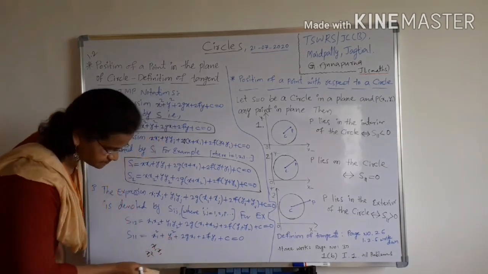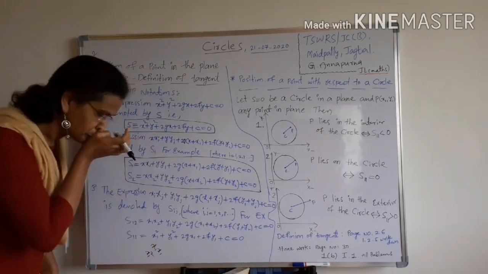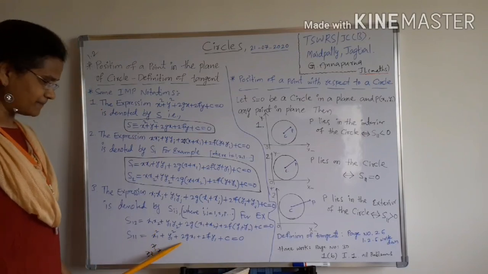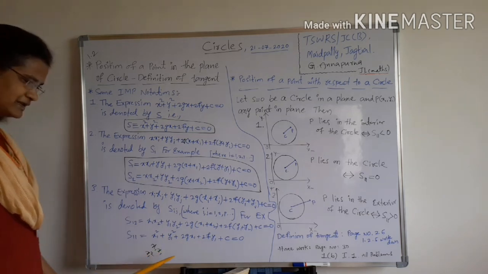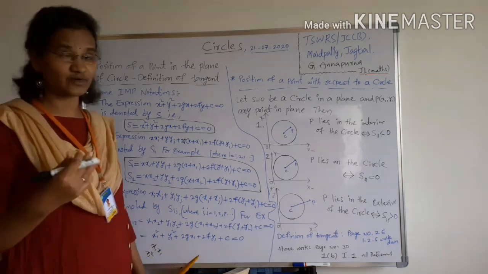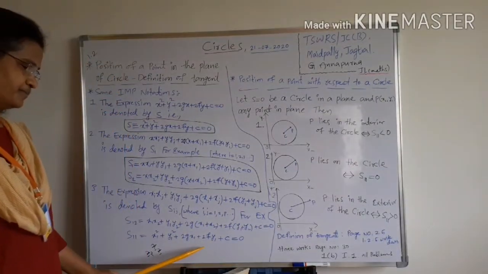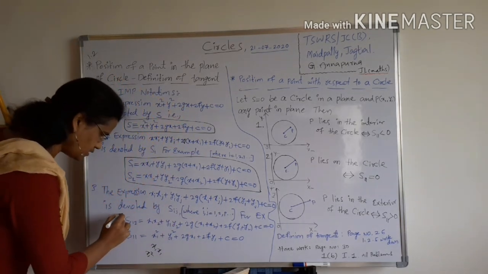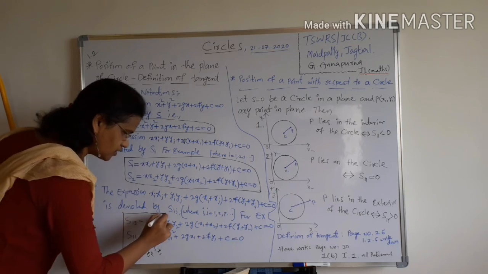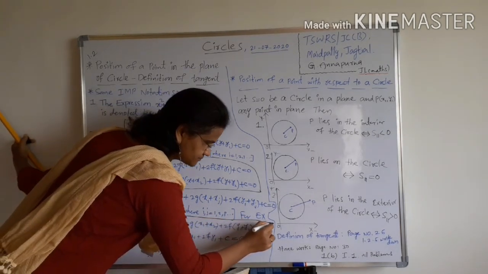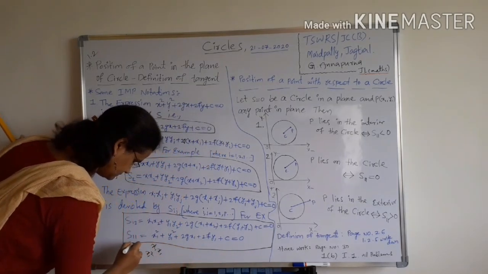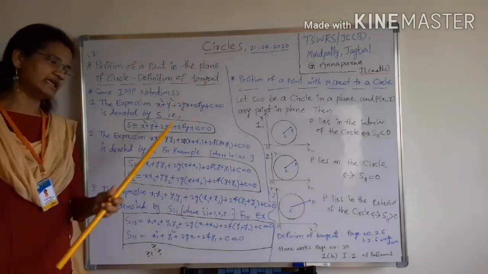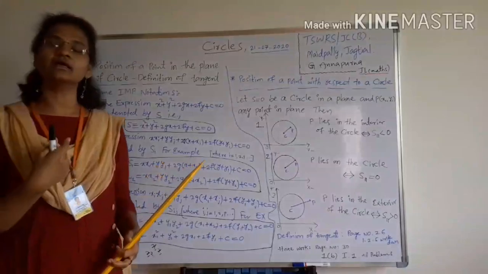That's why I write it directly: x1 square plus y1 square plus 2g x1, we have only one, there is no x2, 2f y1 plus c is equal to 0. So these are very important notations, the three important notations we are using in the coming chapters in circle.